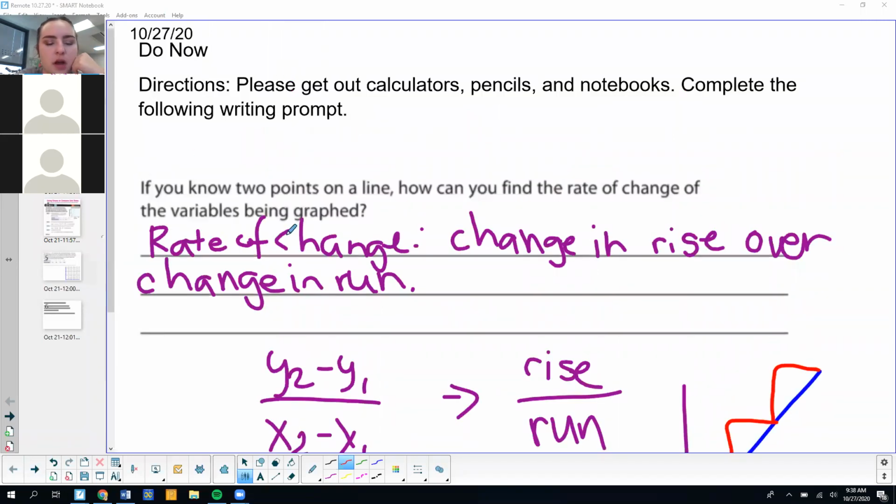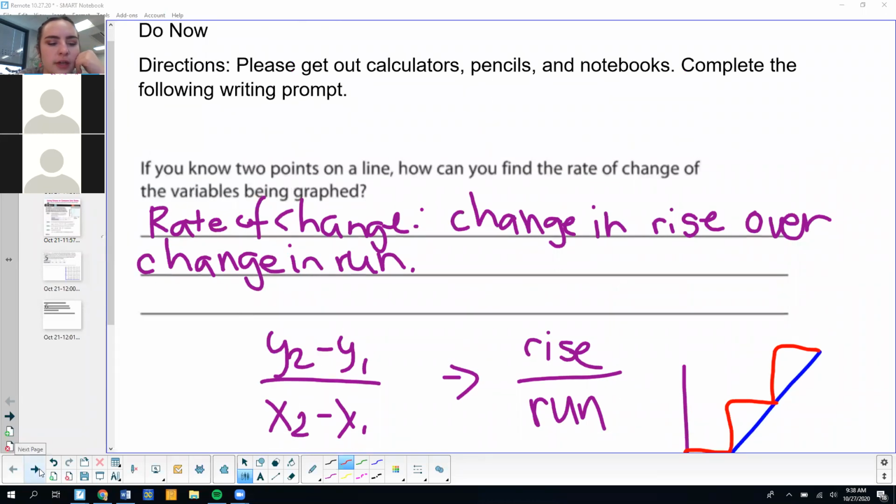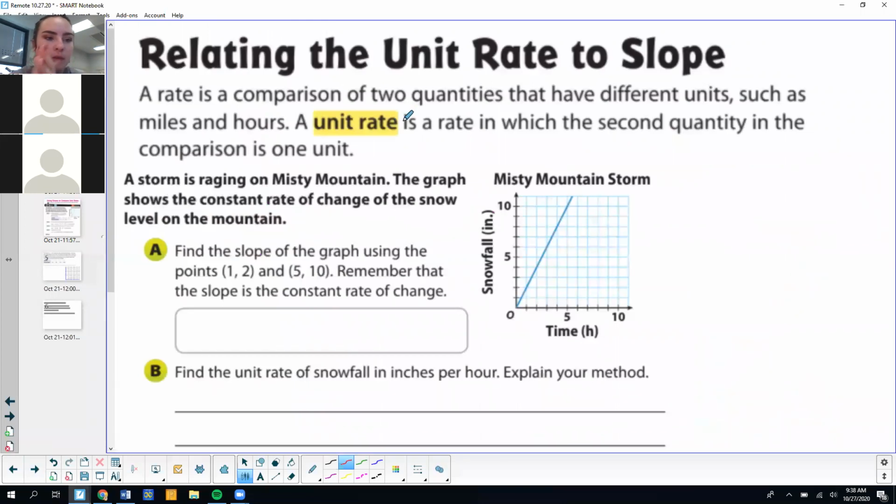We just went over our do now. So we talked about rate of change in rise over run. We're going to get started with talking about unit rates now. If you remember learning in 6th grade, you talked about unit rates. So the price per one or the speed per 1 mile.